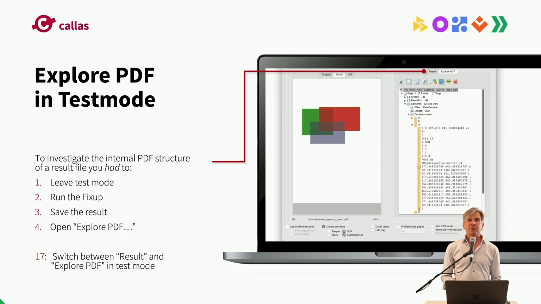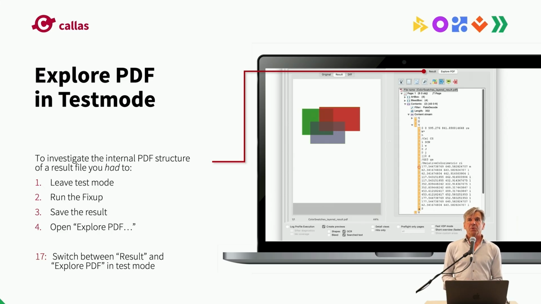Sometimes if you really want to understand what's going on in a PDF file, you want to dig a little deeper, and what we can see here is the content stream of a page, a very simple page. If you wanted to do that in test mode up until today, you'd have to leave test mode, run the fix-up again, save the result, and then use Explore PDF from the pdfToolbox menu.